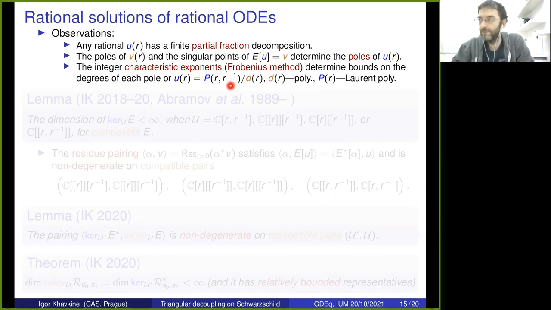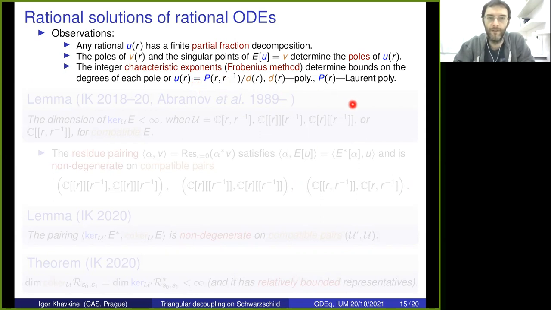What that tells you is that this numerator can only be a Laurent polynomial of bounded upper and lower orders. And that just means that you have reduced the search space for the potential solution to a finite dimensional space.